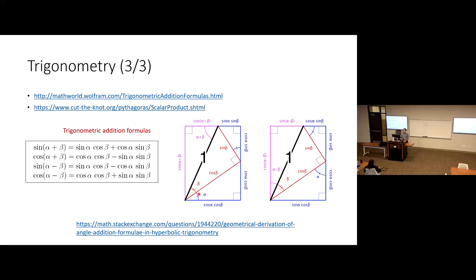So this is the angle alpha and the beta. Here is the hypotenuse, which is unit length as 1. If you have this, then you can derive all the lengths of those lines, each individually. So it just takes some time, but eventually you can figure it out by the definition of cosine and sine.